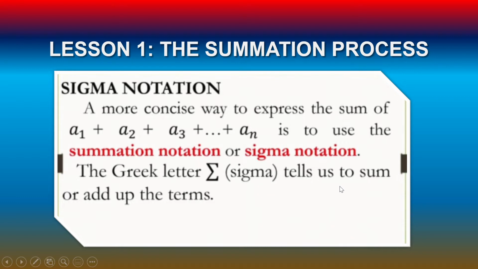This tells us to sum up or add up the terms. So these terms are first term, second term, third term, and then the last term. N signifies the number of terms.